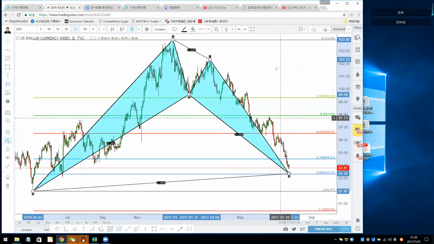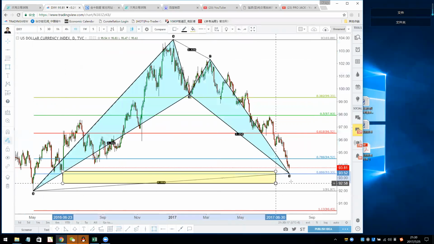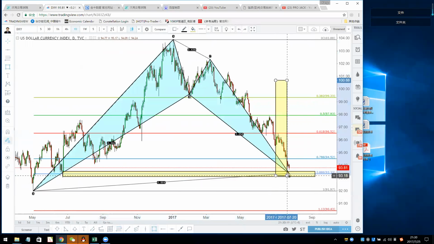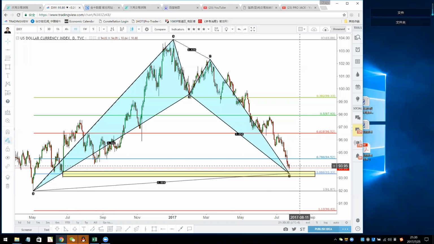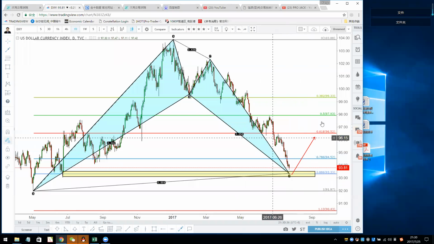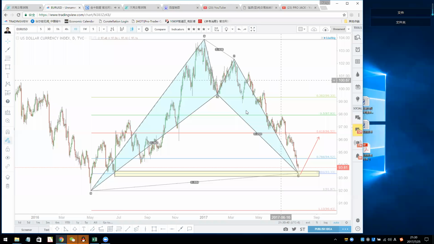So 93.33 is also very important. It's right in the zone. Be careful when the DXY goes into that place, and you may find opportunities to buy. This is telling us that the dollar is going to reach a bottom, a very strong support area, so anticipate that there may be a big rally from there. If this happens, what will happen to the euro?